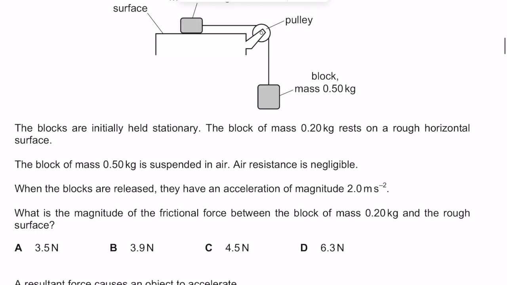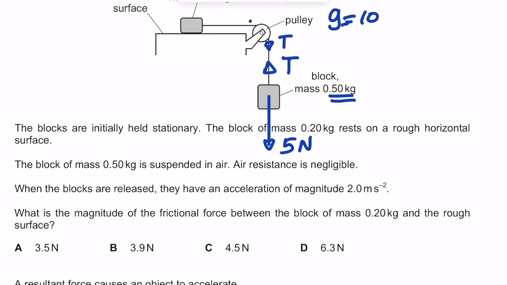Here, let's first mark all the forces acting on these objects. Let's take G as 10 for easy calculation. Then we can adjust our answer. So if this is 0.5, this is 5 Newton, and upward there is a tension. And there's a tension on the pulley. Normally we don't care about this tension on the pulley. This is not our focus.